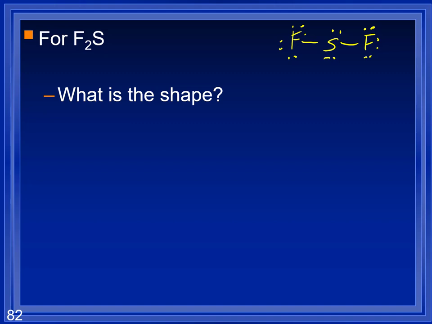All right. So what shape is that? So I look at the center atom. Center atom has 2 atoms and 2 lone pair. What shape goes with that? Well, that shape is bent. Although I don't memorize it that way. I say, hey, I've got 3 atoms.